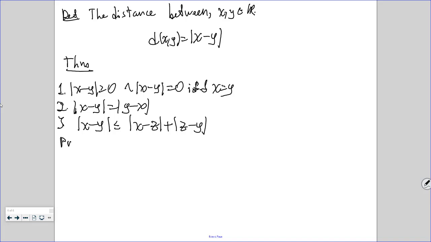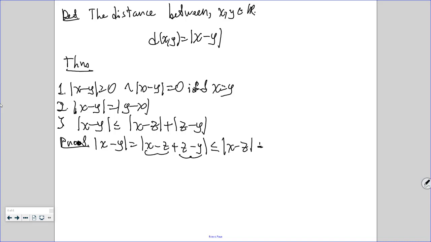So let's do the proof of the third property, which is easy. What we do is we subtract and add z. We can always do this, and we use the property of absolute value from the previous theorem and write it the following way. So the third property is proved.